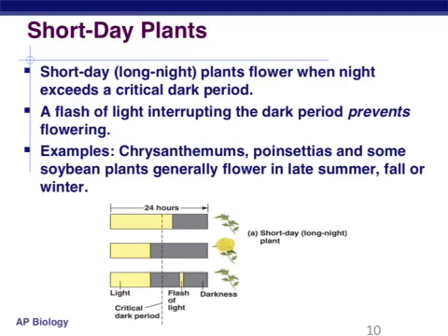Okay? So if you look at the little picture, this rectangle is supposed to represent a 24-hour period. If we have light for too long, for more than 12 hours, the plant doesn't flower. That short day plant won't flower because technically this isn't a short day. If we have light for less than the 12-hour mark, the short day plant will flower.